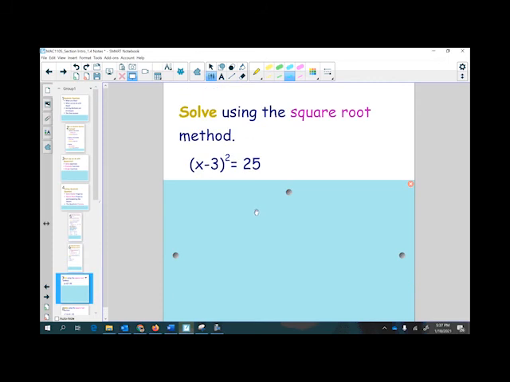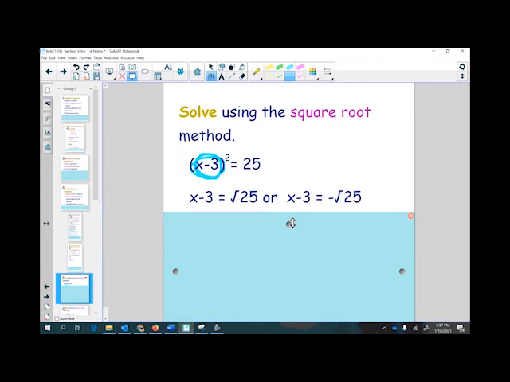Now what about this one? This is more complicated. Instead of just an x over here, we have a whole quantity with an x inside it. So the answer is not as clear. You might still be thinking, well, I know whatever is in this set of parentheses here has to be 5 or negative 5, but that doesn't mean the x is 5 or negative 5, right?